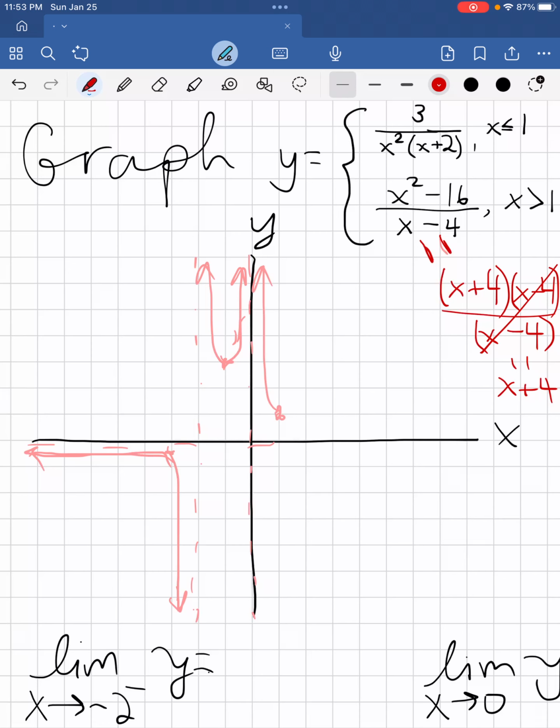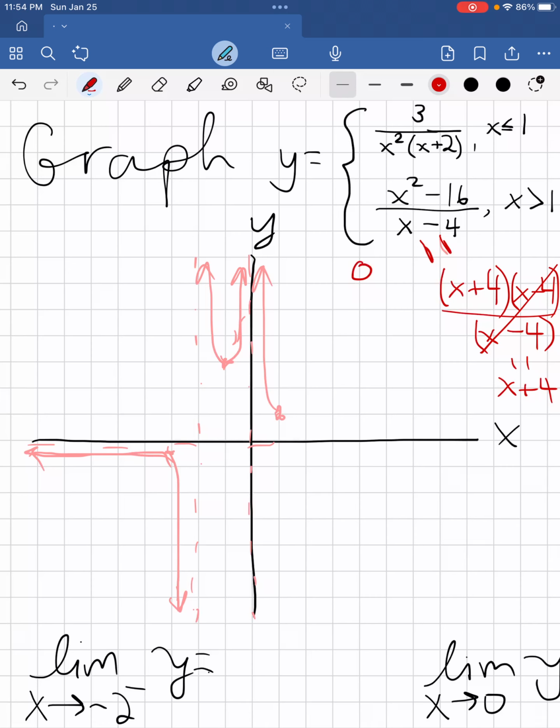So if I go over 4, I can go up 8, which is going to be high up. We'll just let that be 8. I get a line. Other thing I want to check for sure is the y-coordinate when x is equal to 1, because we want to see if it lines up with the y-coordinate from the top rule.